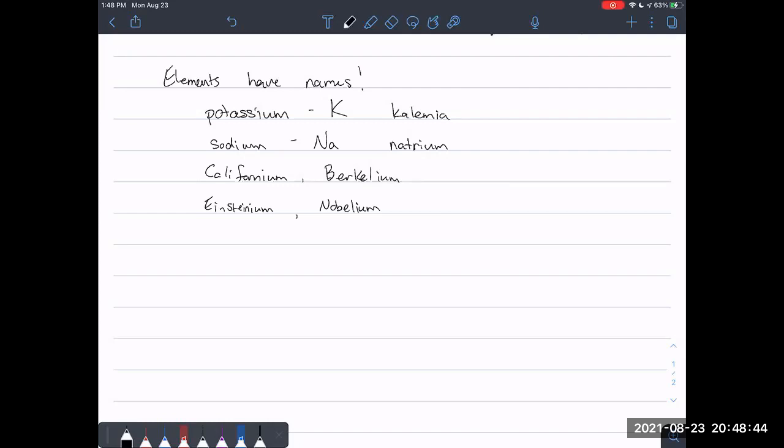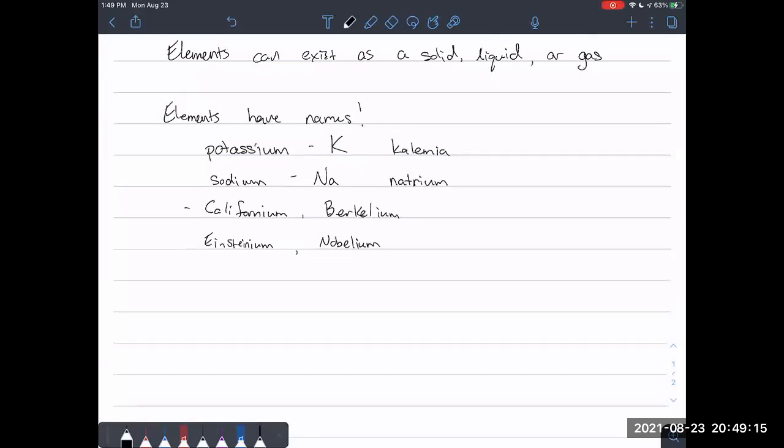So he started the Nobel Prize after making lots of money selling explosives that were used in world wars, and then decided that he didn't like that. Anyway, Californium, where is it here? I think it's CA, CM. No, that's Curium. CF.